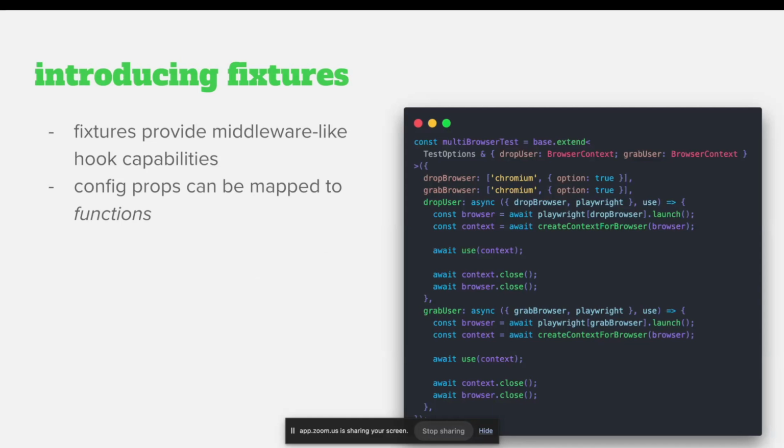So here is an example of the newest iteration of the DeadDrop config. This has drop browser and grab browser the same way that it did originally, but it also has drop user and grab user. You'll notice that most of the logic that you saw in the setup for the original test suite is abstracted and encapsulated into two helper functions that run as the tests are spun up.